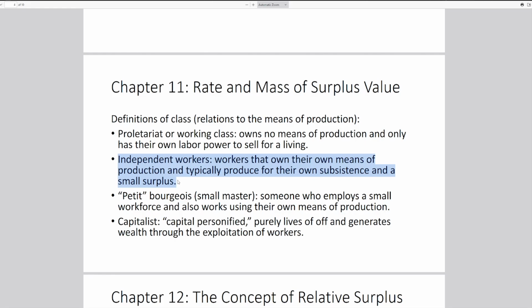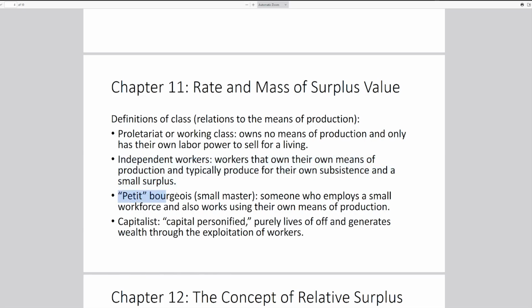Because they have a small plot of land to themselves, they can use that for small scale agriculture, animal husbandry, whatnot. That is owning your own means of production. They own their land, presumably their own tools and capability of harvesting things. And then they can just sell the products of their labor and support themselves. And if they make a little money on the side, great. If not, so be it.